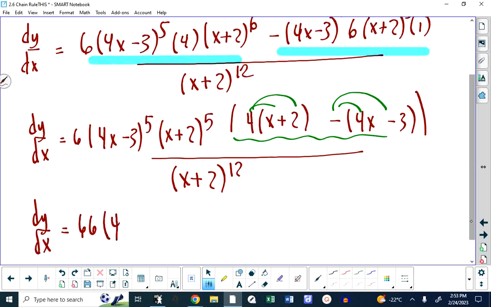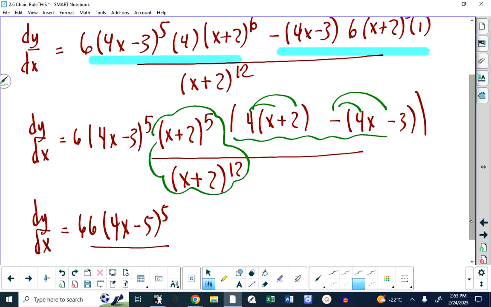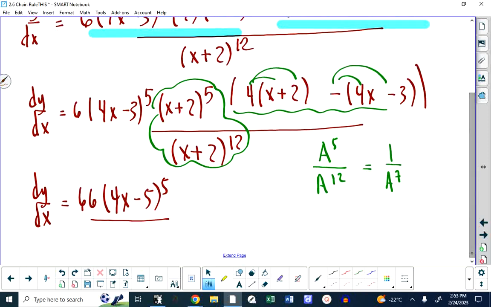We have 4x minus 3 raised to the 5. And this part in here is like having a to the 5 over a to the 12. It simplifies to 1 over a to the 7. So we can put x plus 2 to the 7 there.